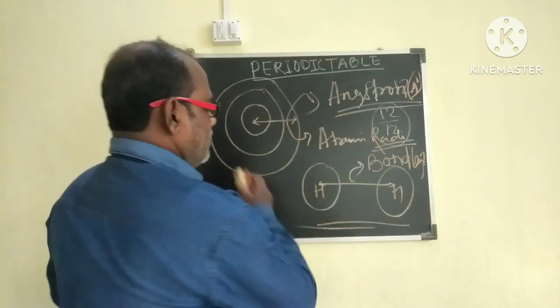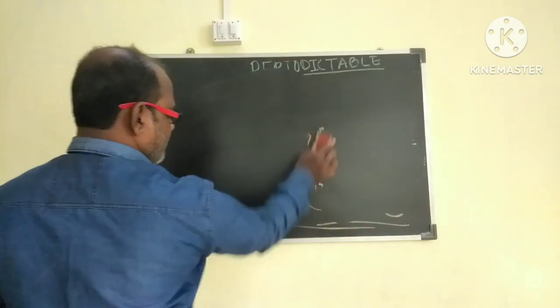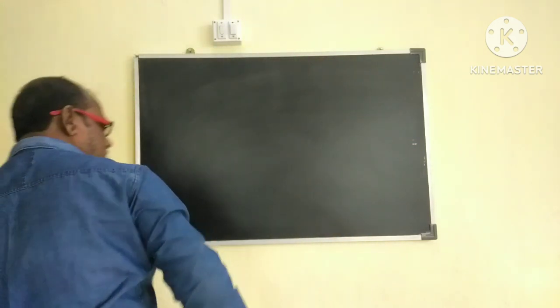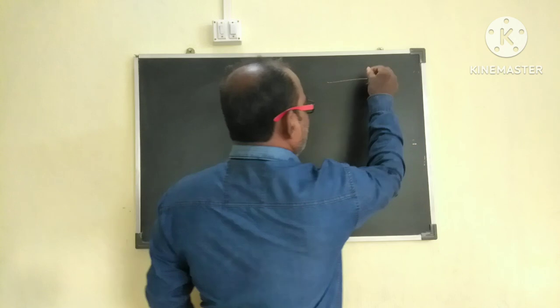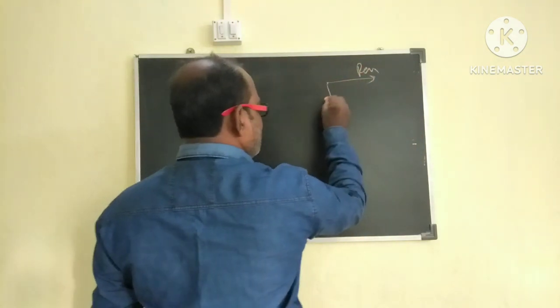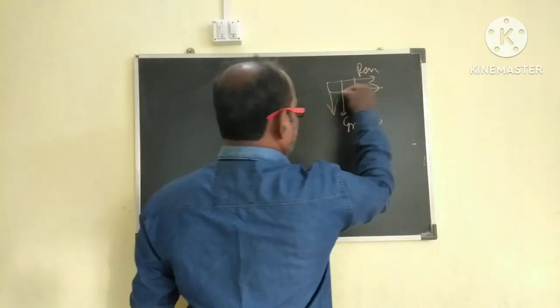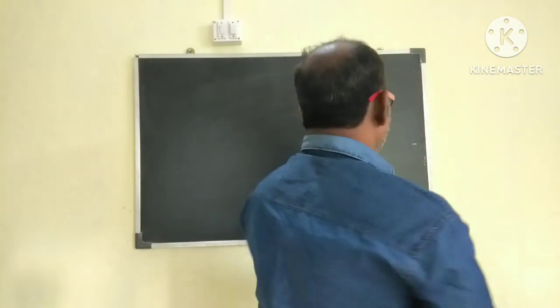Next, we go to the next topic. In the periodic table, we have learned that if we move from left to right, it is said to be a period, and if we move downward, column-wise, we say it is a group. The horizontal rows are periods and the vertical columns are called groups.